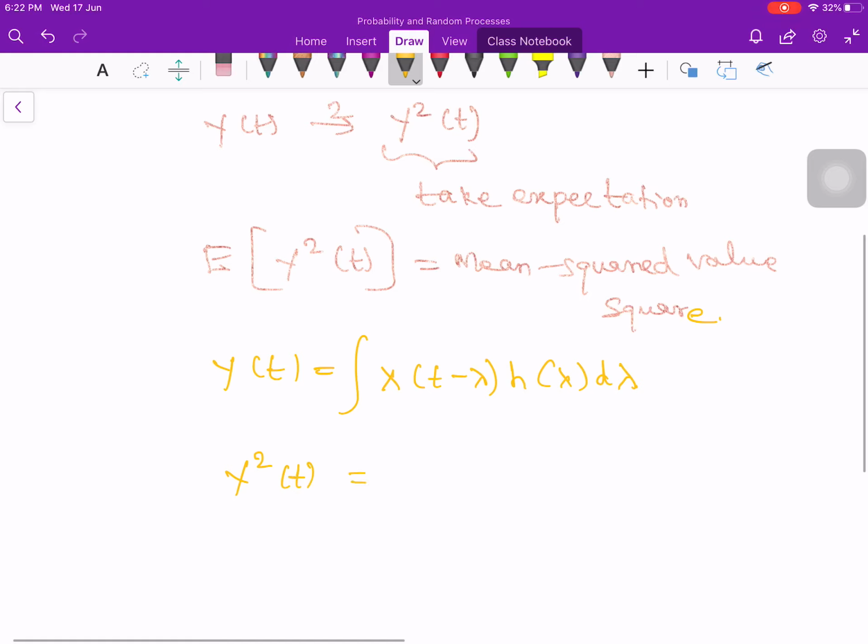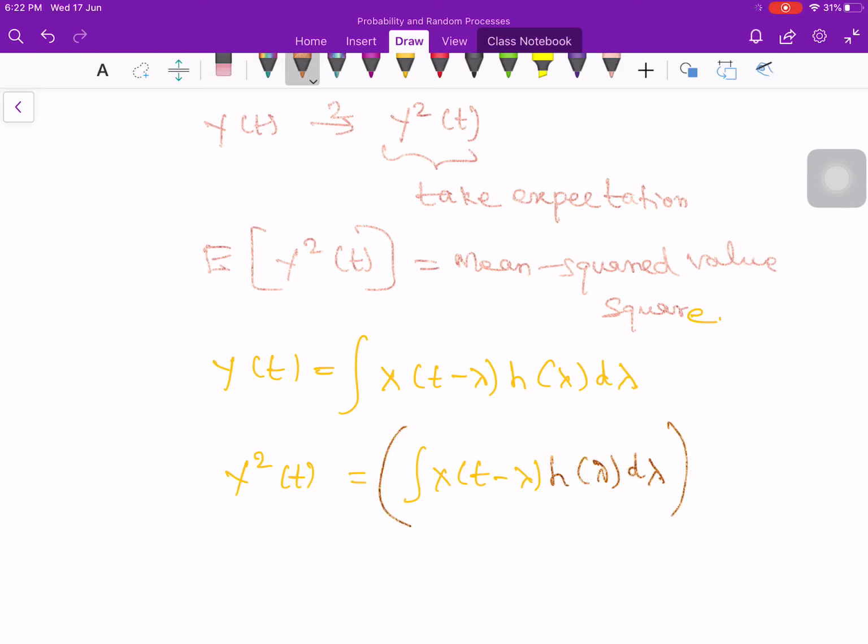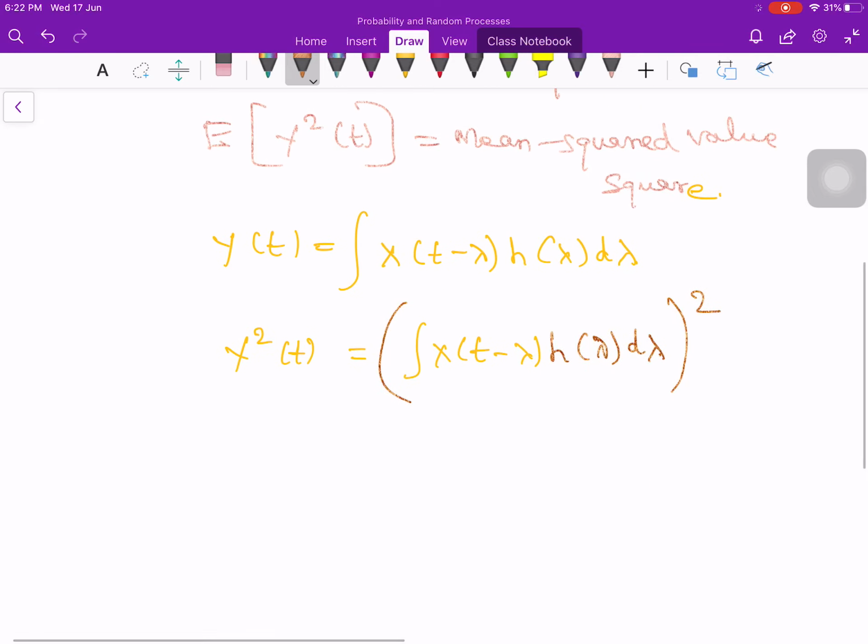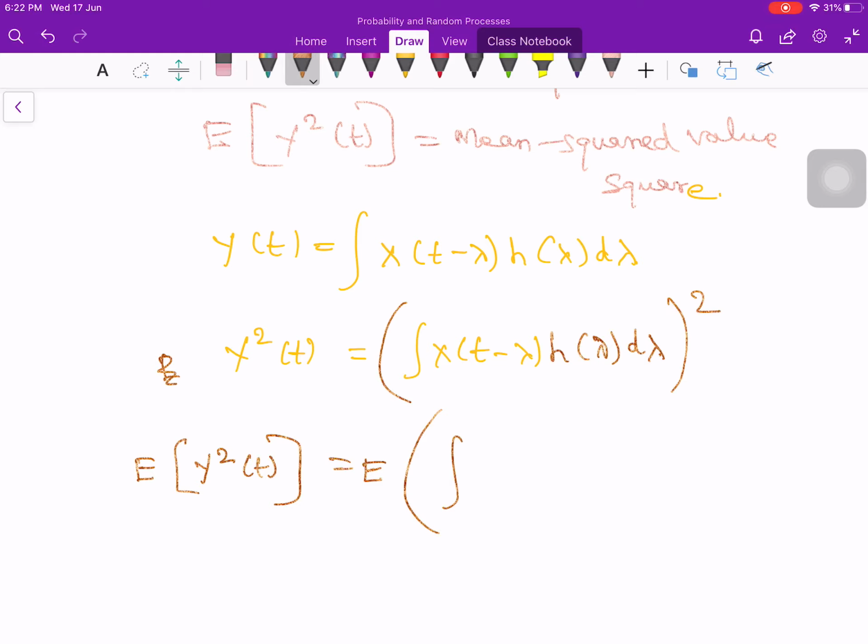Just square the right hand side: the integral of x of t minus lambda times h of lambda d lambda, squared. Then take expectation on both sides.